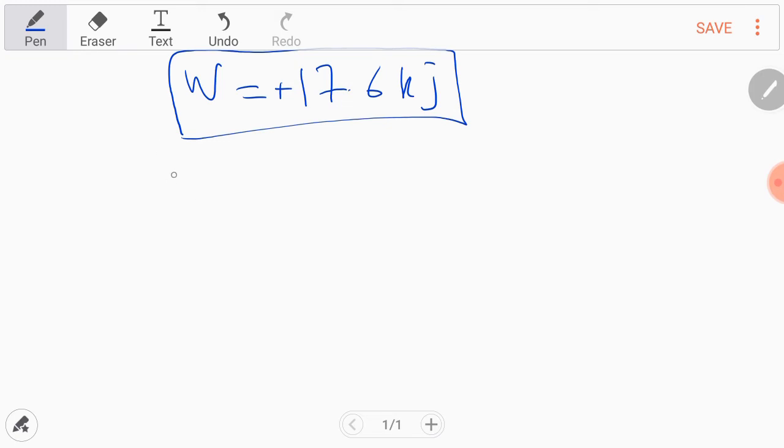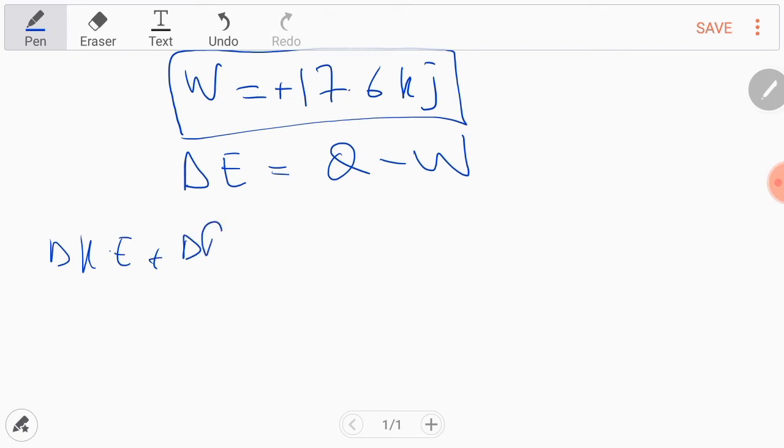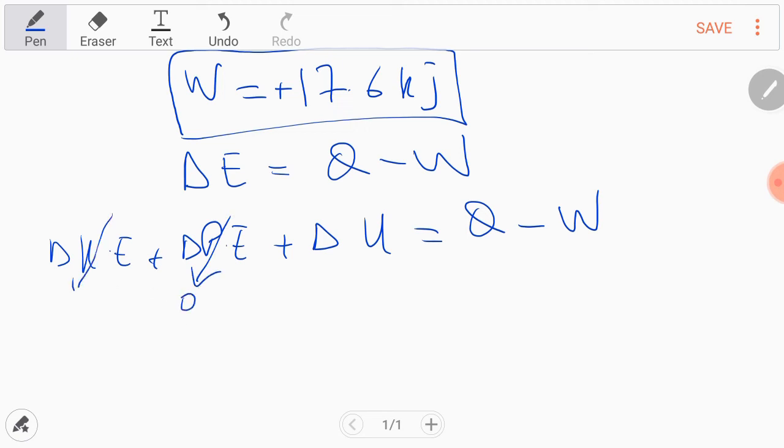So the sum of all energies, delta E, is equal to Q minus W, and delta E is the sum of change in kinetic energy, change in potential energy plus change in internal energy, equal to Q minus W. We know there is no change in potential energy, so we can set it as 0. We know there is no change in kinetic energy, so we can also write it as 0, and delta U is simply U2 minus U1.